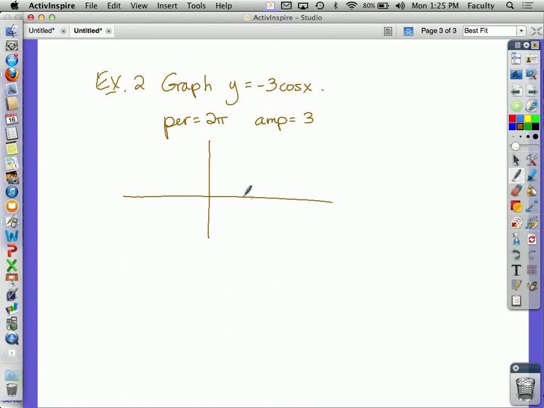So here we go. I always make 4 tick marks, and the 4th tick mark I call the period length. I'm going to go up to 3 and down to negative 3.